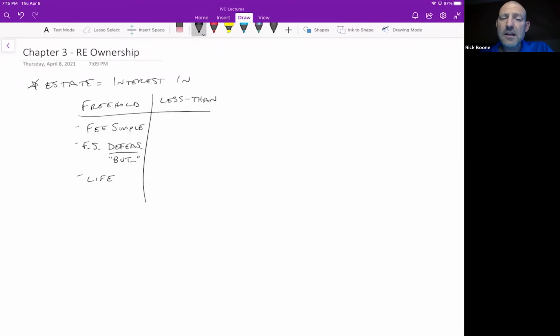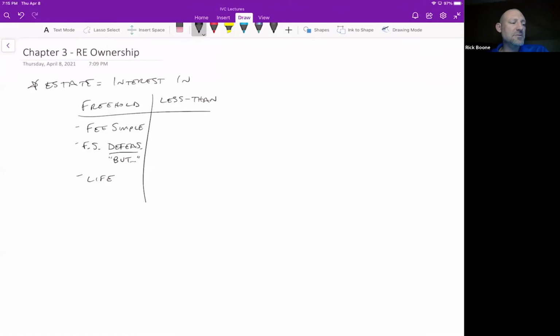You can use it for as long as somebody else is alive or as long as you're alive. So the life estate is based off somebody's life. This would allow you to live in it, even to rent it out to somebody else. You couldn't sell it, you don't own it, but it gives you this interest in, this is an estate, in real property. The life estate based on somebody's life.